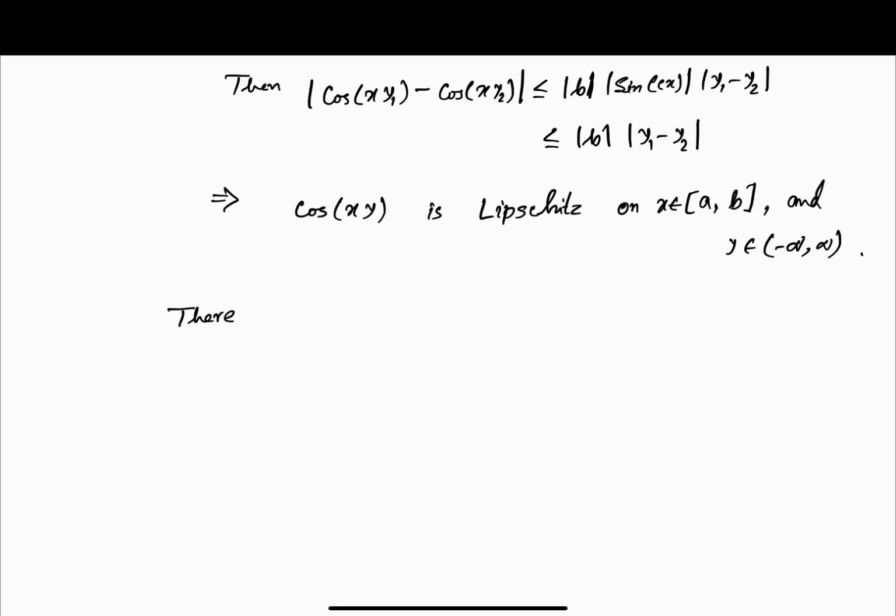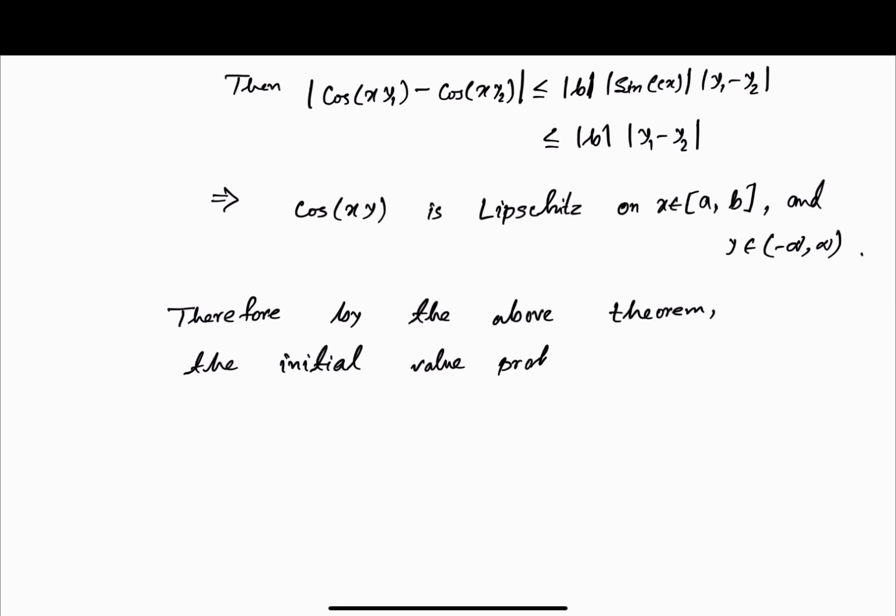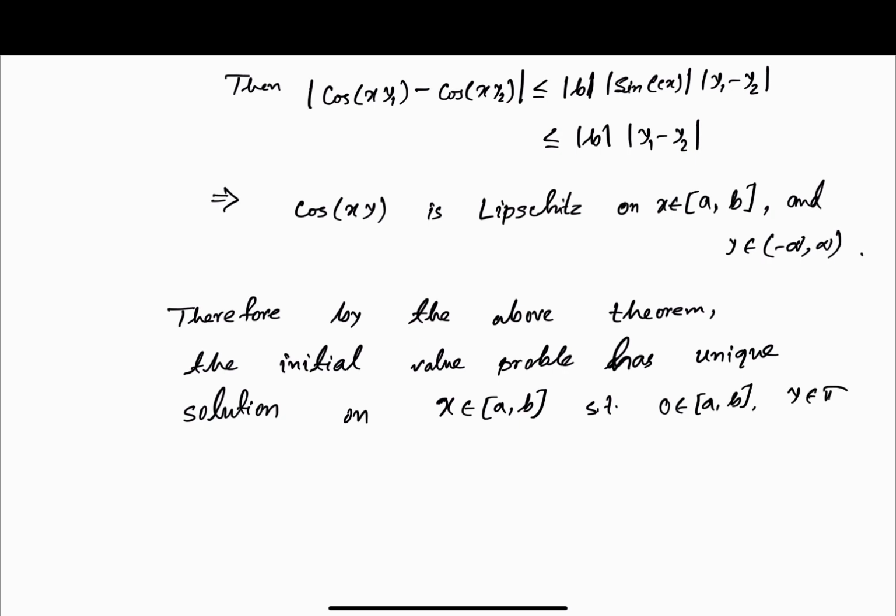Therefore, by the above theorem, the initial value problem has a unique solution on x belonging to AB such that the interval contains 0, and y is in R.